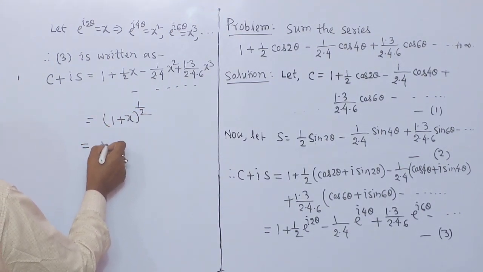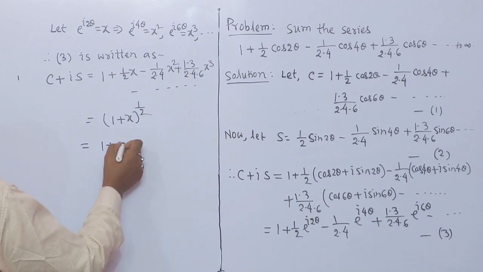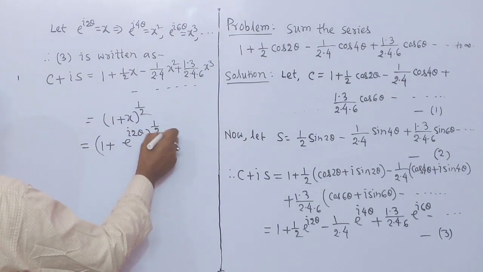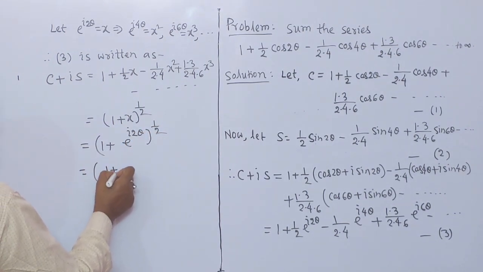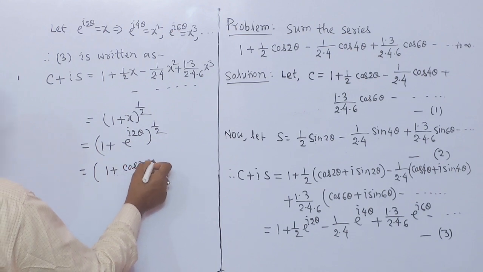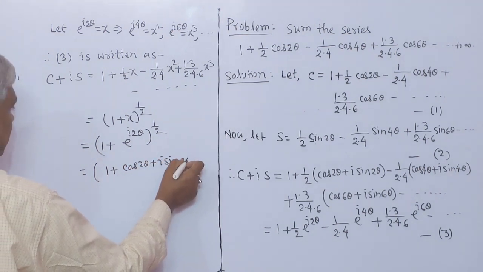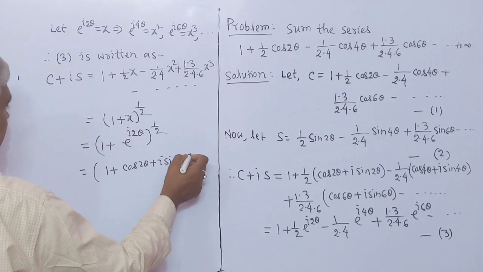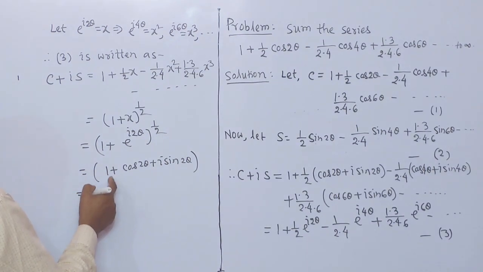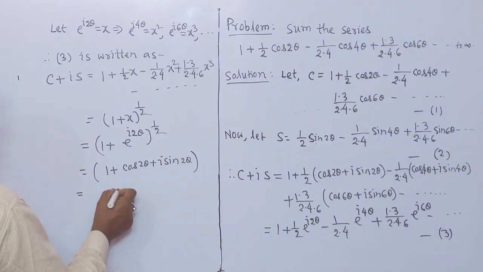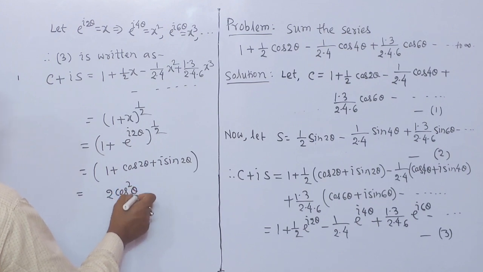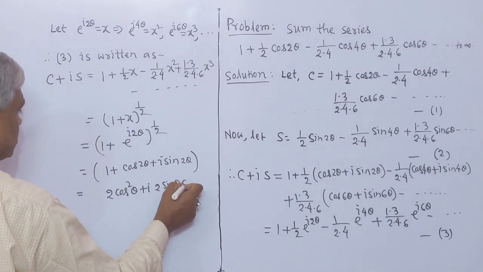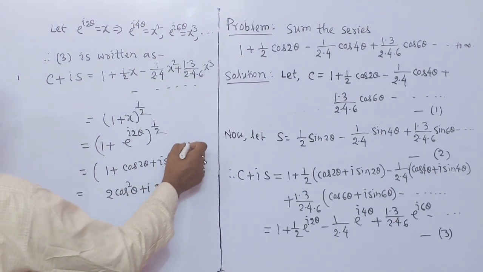This is equal to 1 plus e to the power i 2 theta to the power half. This is equal to 1 plus cos 2 theta plus i sin 2 theta, since e to the power i 2 theta means cos 2 theta plus i sin 2 theta. This is equal to 1 plus cos 2 theta is 2 cos square theta, plus i sin 2 theta means 2 sin theta cos theta, to the power half.